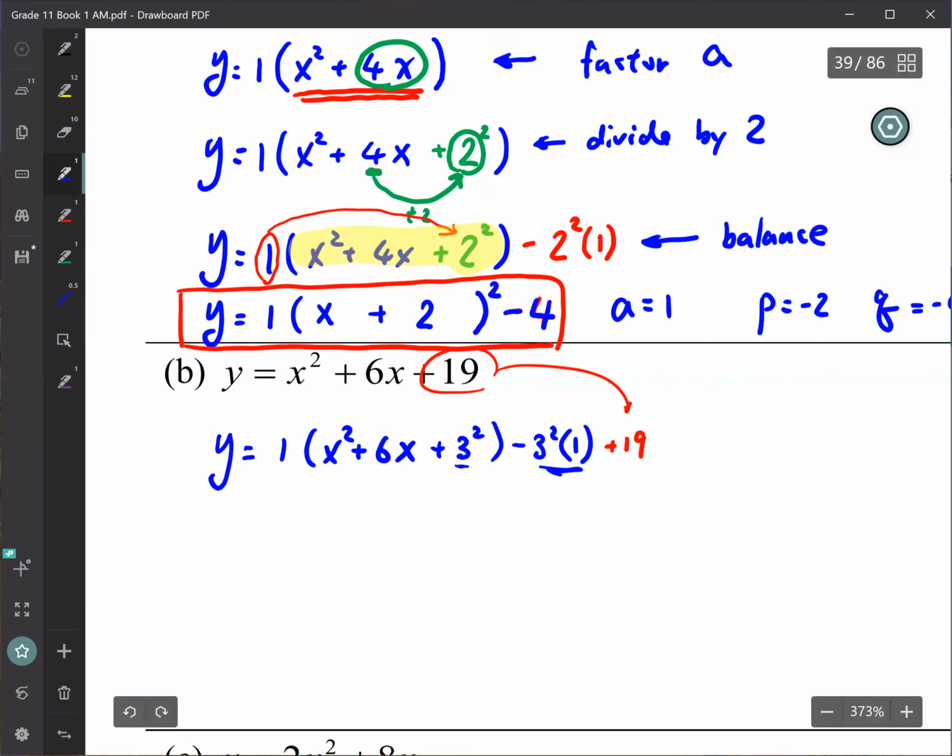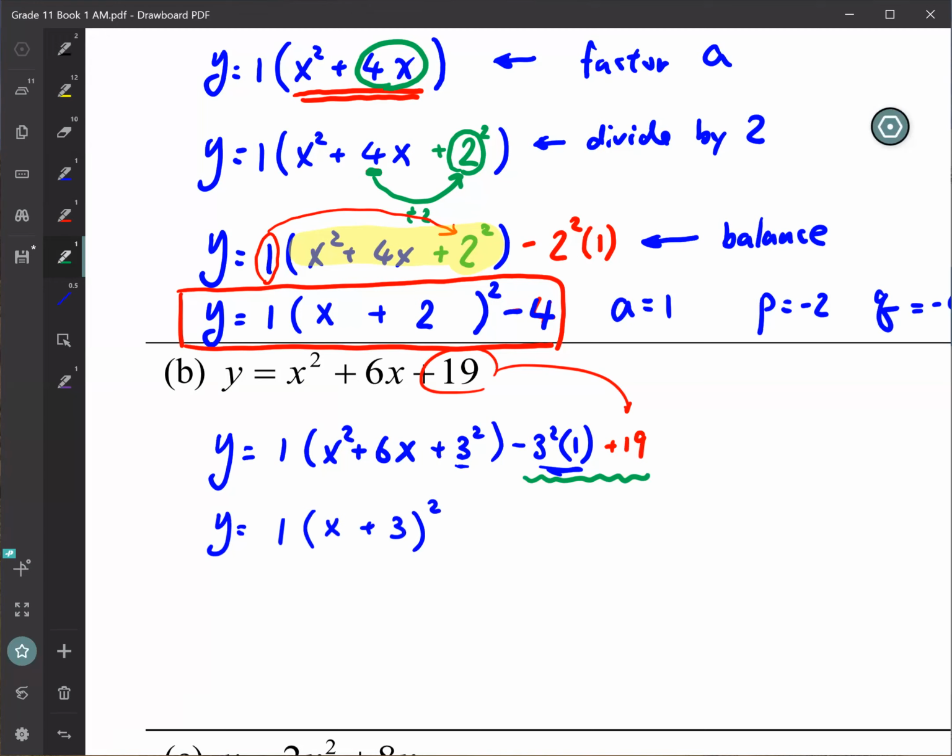And after that is the same, we just make it complete. A is x, B is 3. X plus 3 squared. And then we just simplify the whole thing at the back. Here we have 3 squared times 1, but it's a minus 9. Minus 9 plus 19.